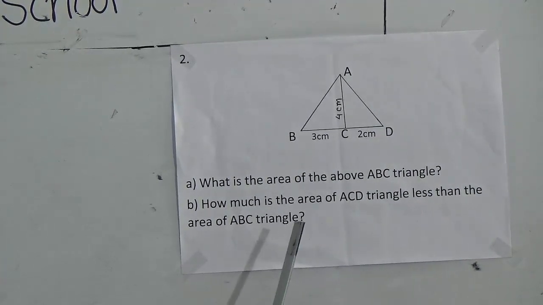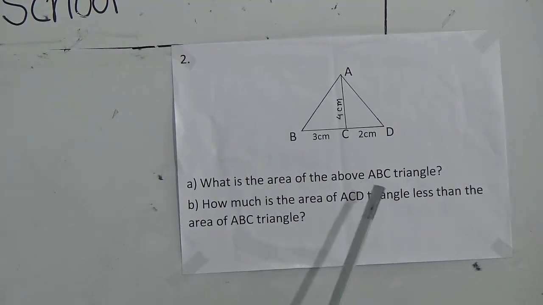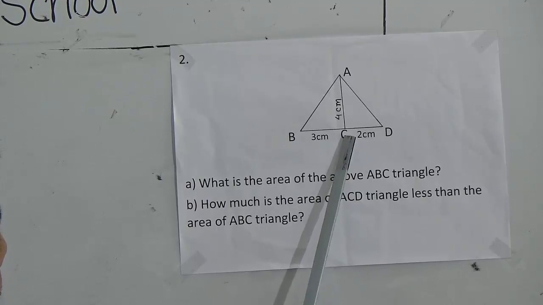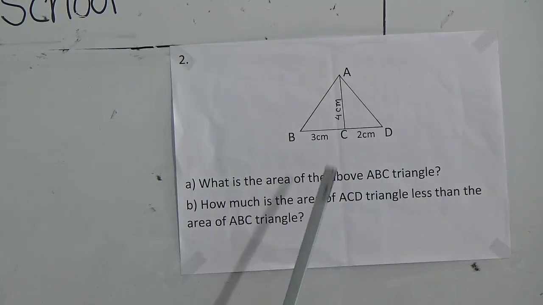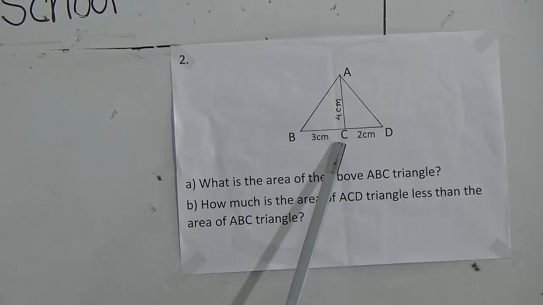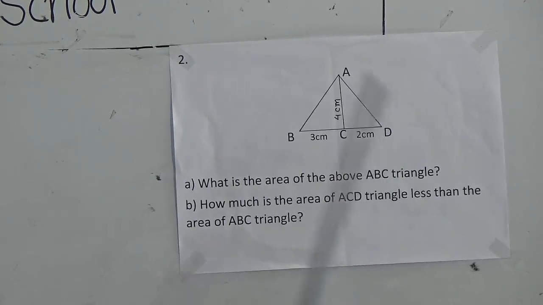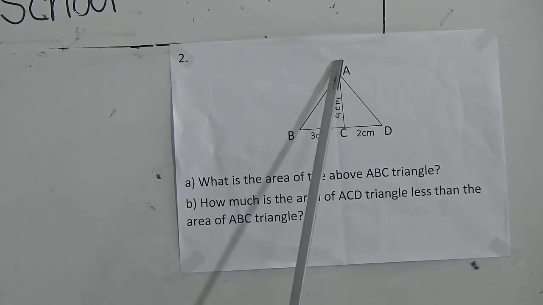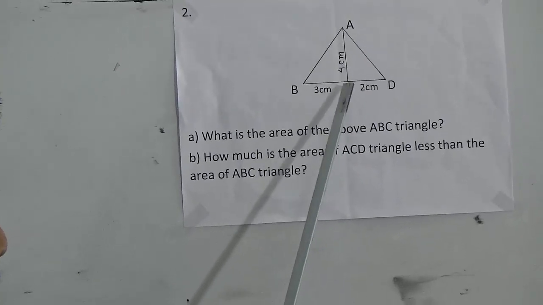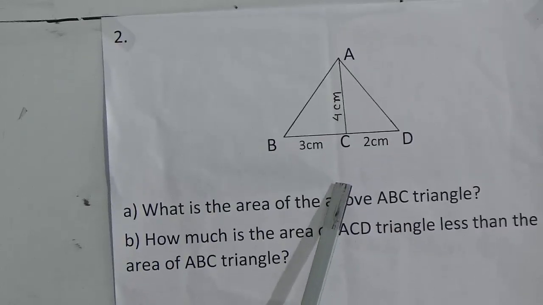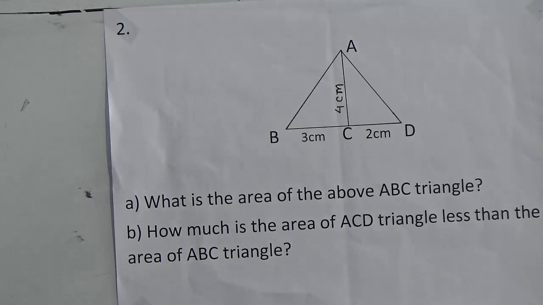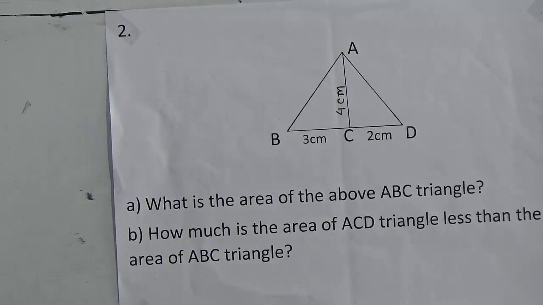Okay, base of the triangle is B, C and CD. That means here are two triangles, ABC triangles and ACD triangles. Okay, height of ABC triangle is 4 centimeter. Similarly, height of ACD triangle is 4 centimeter.